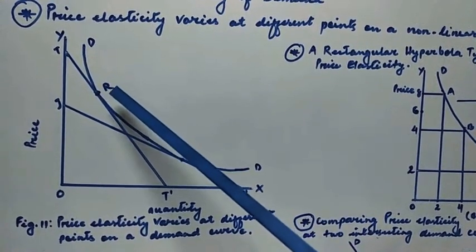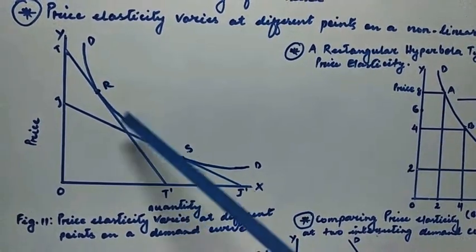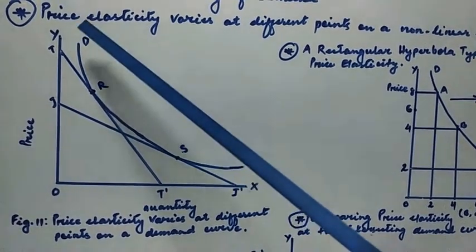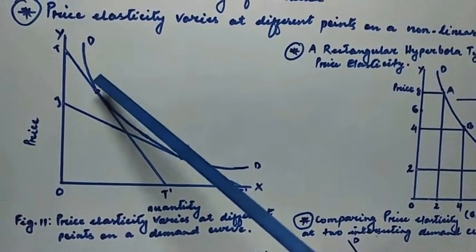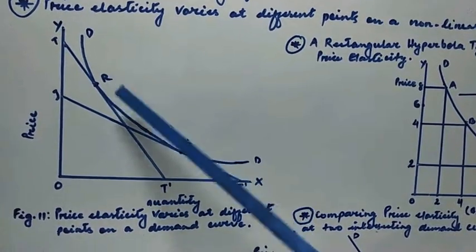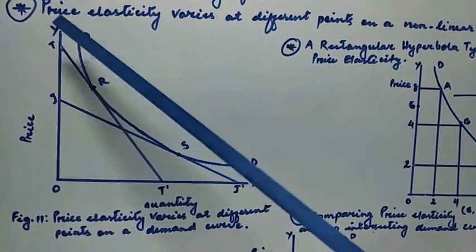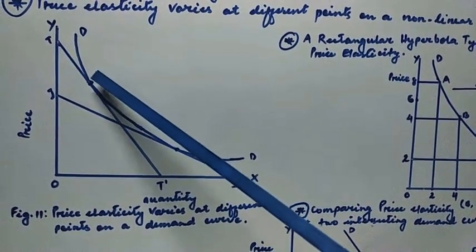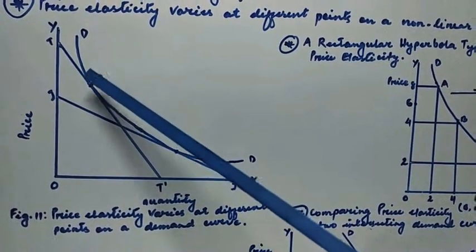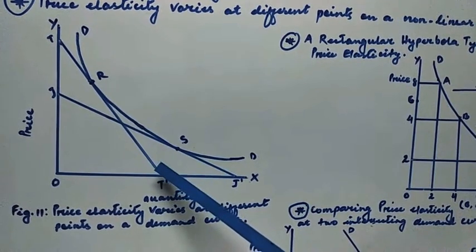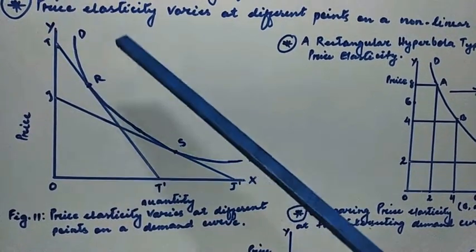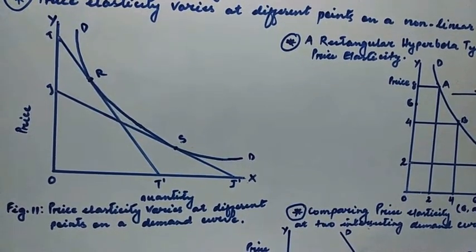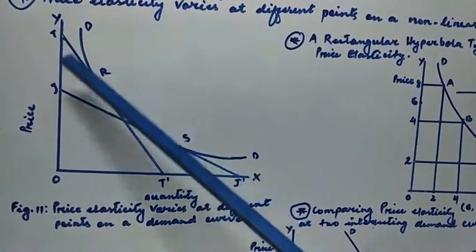The formula is lower segment divided by upper segment. So the price elasticity at point R will be RT dash divided by RT, which is greater than 1, because the lower segment is greater than the upper segment.